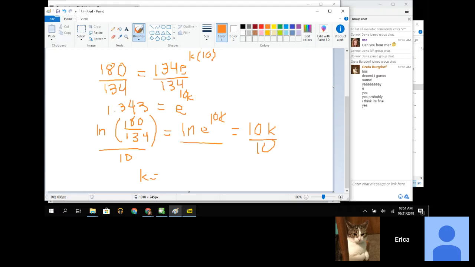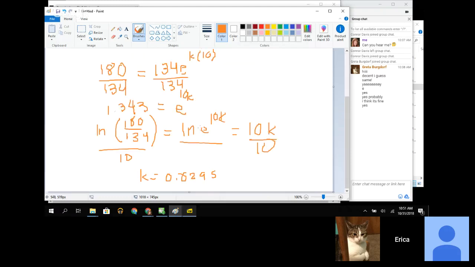And we end up with a k value of 0.0295. And they told us to round it to 4 decimal places. There we go. 0.0295.